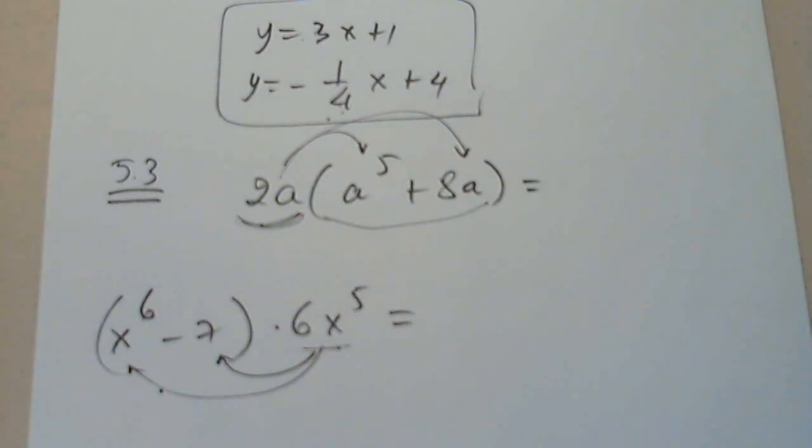Can anyone give us some help here? Give us a hand with 2a times the quantity a to the 5th plus 8a. Anyone, please?